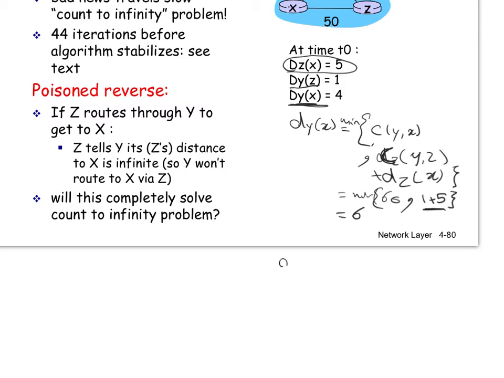send the distance between y and x to z. So now z will try to calculate the distance between z and x, which is the minimum of the cost between z and x, right?